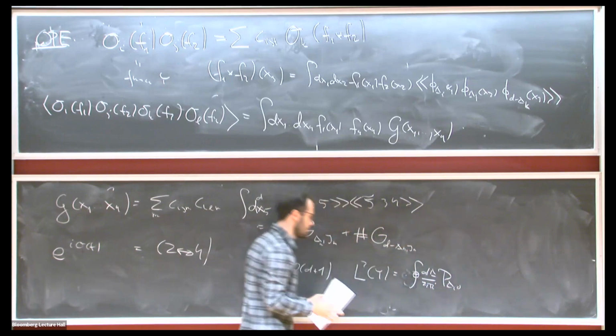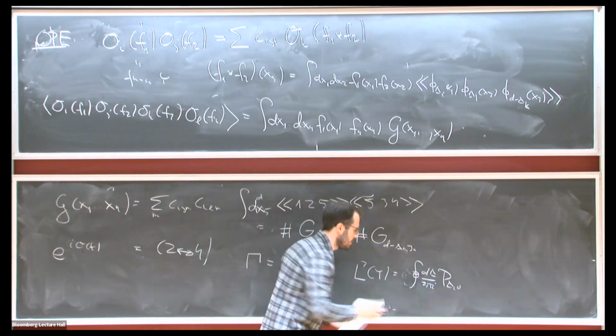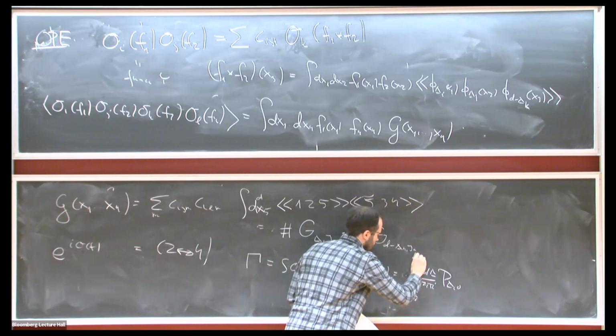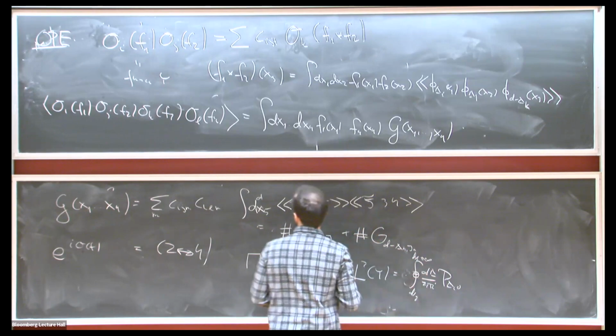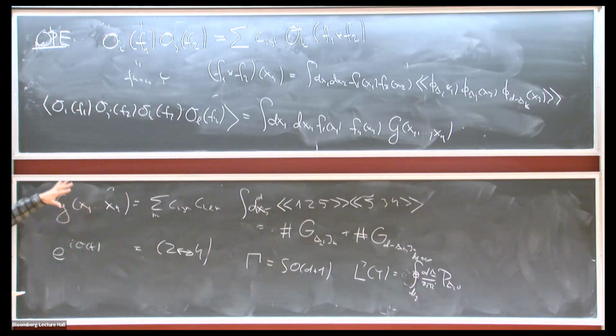So the space of functions on the hyperbolic space decomposes like this: an integral over the principal series. And then these correlation functions, they are precisely the scalar contact Witten diagrams in hyperbolic space.